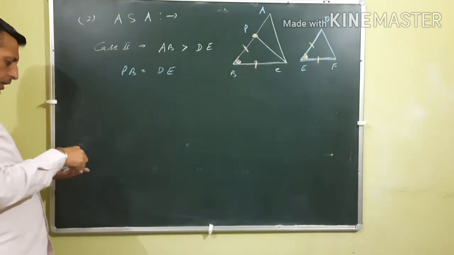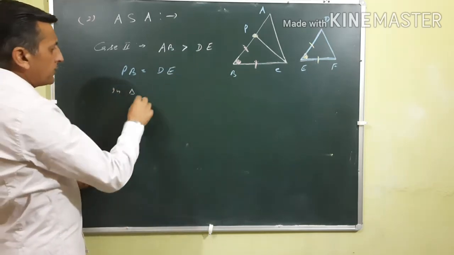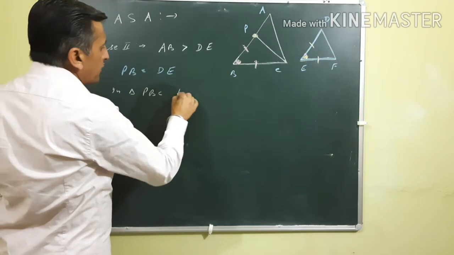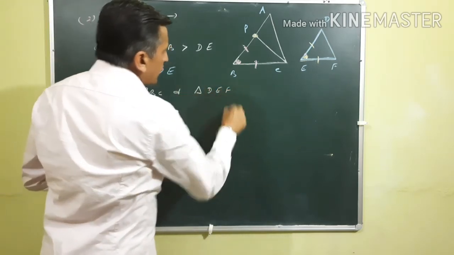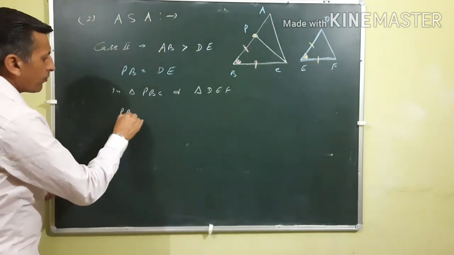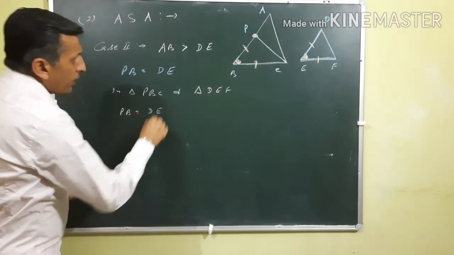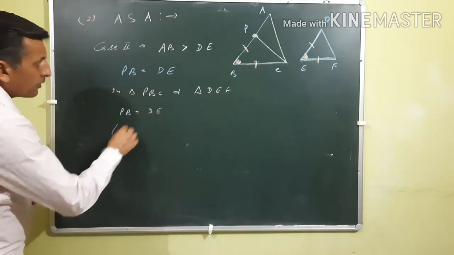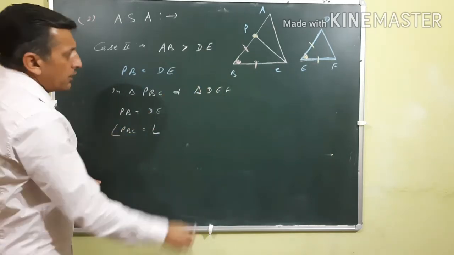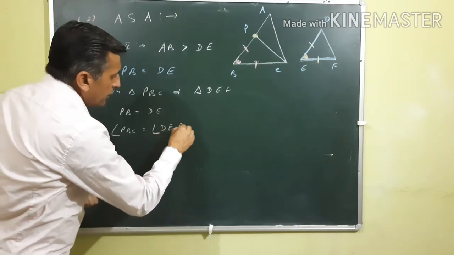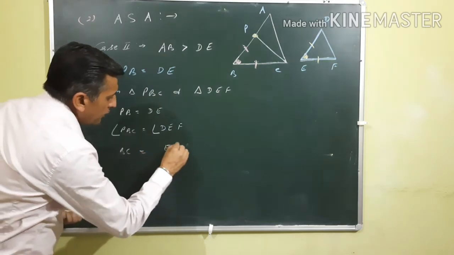Okay, so in this case, in triangle PBC and in triangle DEF, PB is equal to DE, and angle PBC is equal to angle DEF, and then side BC is equal to EF.